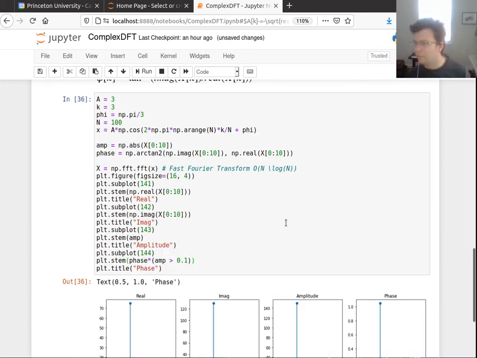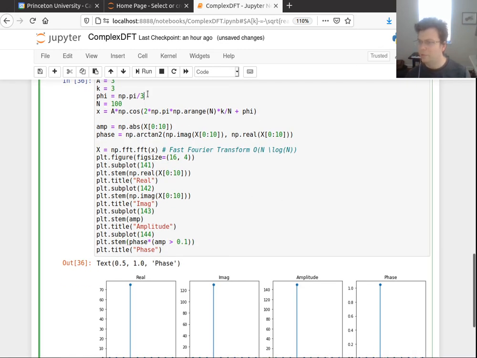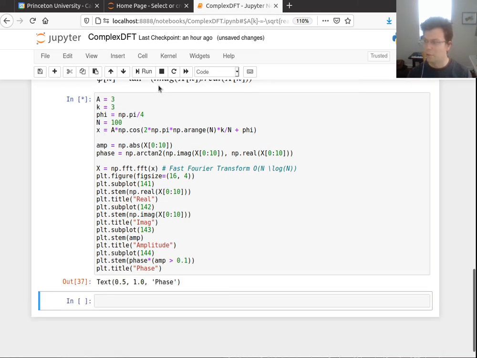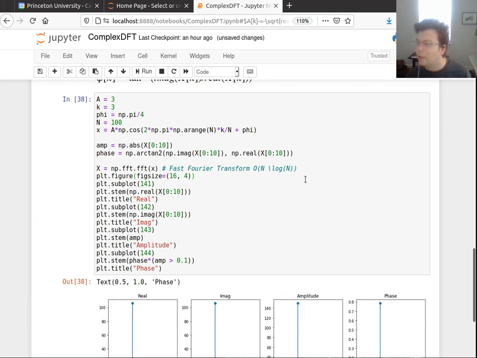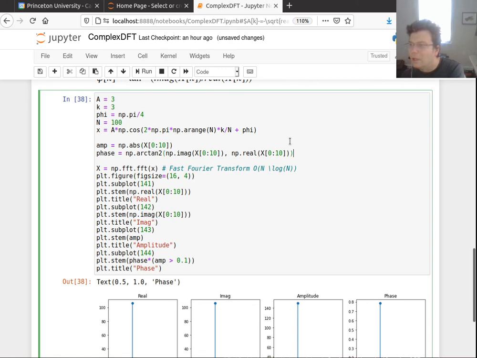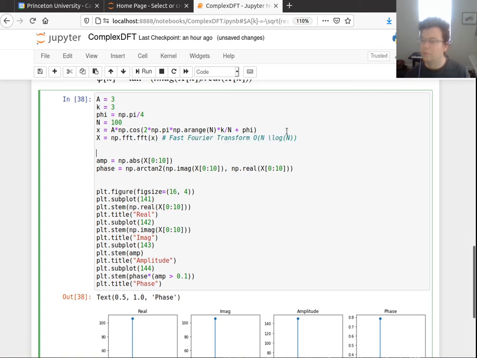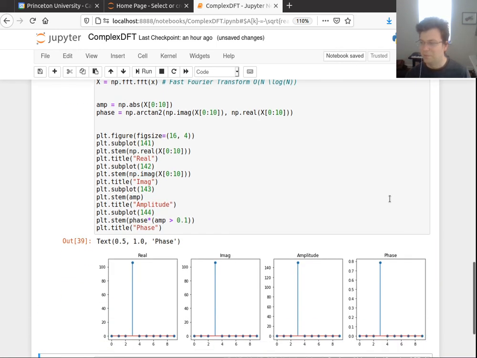Wow, this is really messing with me. Okay, now we're doing pi over 4. Why is this not updating right away? This is behaving strangely. Oh, it's because I need to do the FFT right after this, before I do that. Yes, okay. That's why I was getting myself all confused.